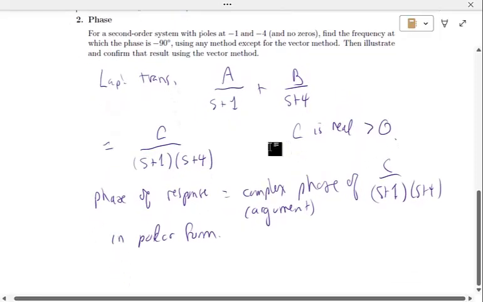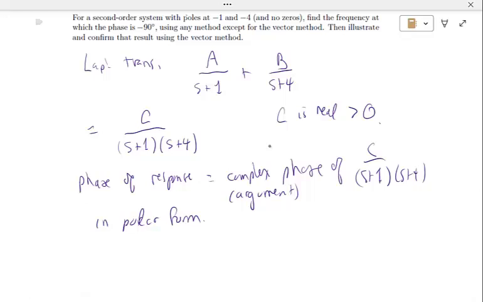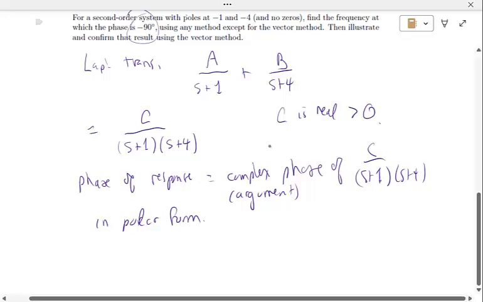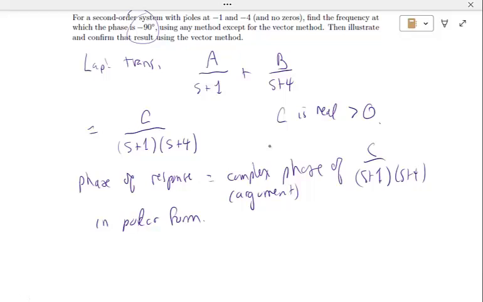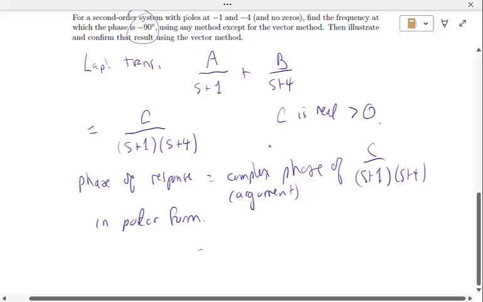Right. Now, if the phase is minus 90 degrees, then what does that tell me about this number? Well, then this number would have to be in the complex plane down here. So this is minus 90 degrees.